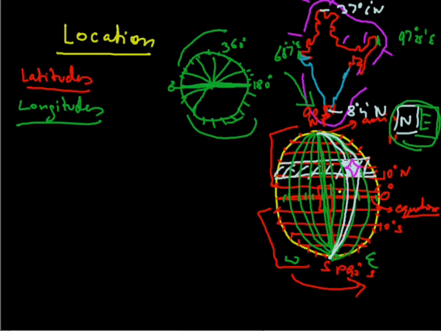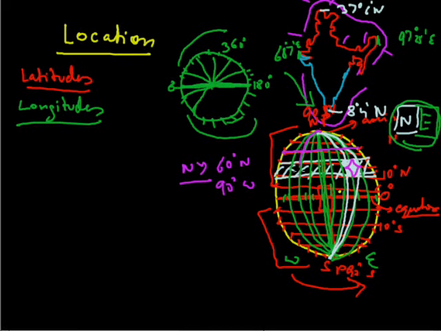So with the help of longitudes and latitudes, it is now very easy for us to locate any place in the world. For example, New York is located at 60 degree north, I'm not sure, I'm just giving you an example. That means this is the 60 degree north line, and 90 degree west.